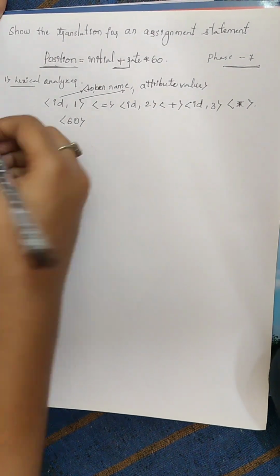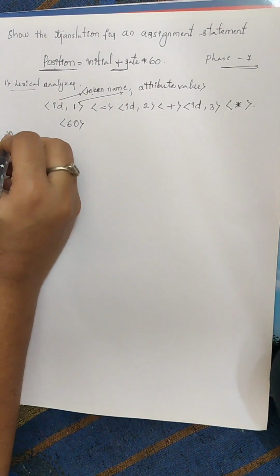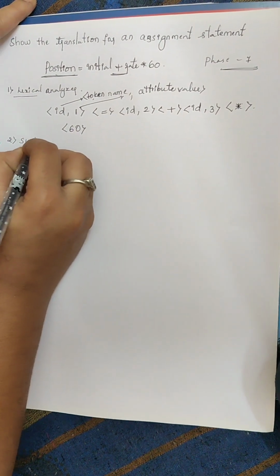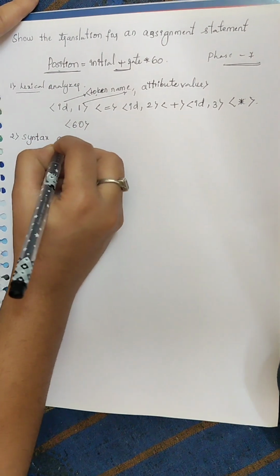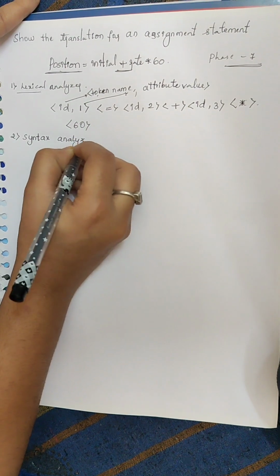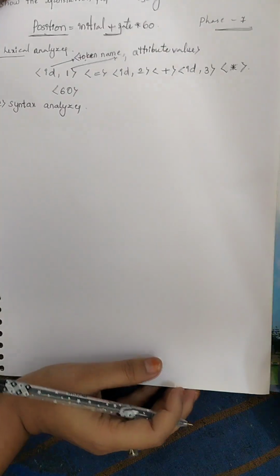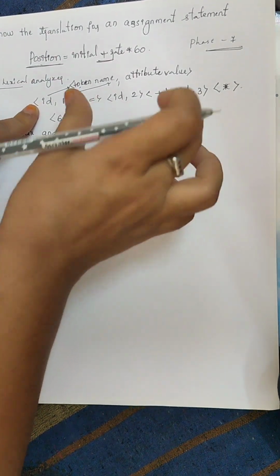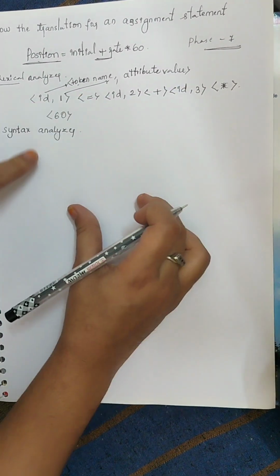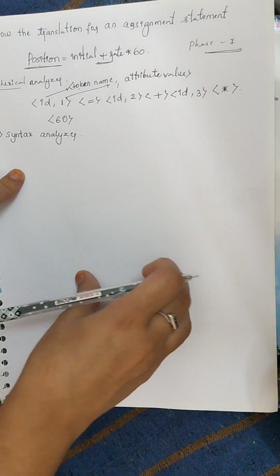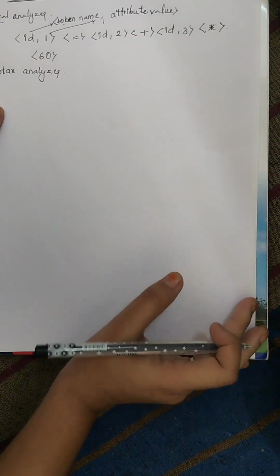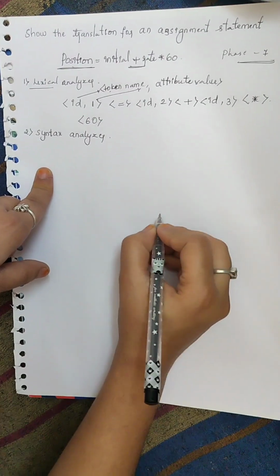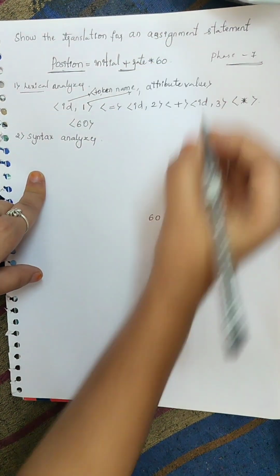Let us go to the second phase, that is the syntax analyzer. In the syntax analyzer, we take the token names as the input, and we get the syntax tree as the output. Let us consider the last part, that is 60 into rate.